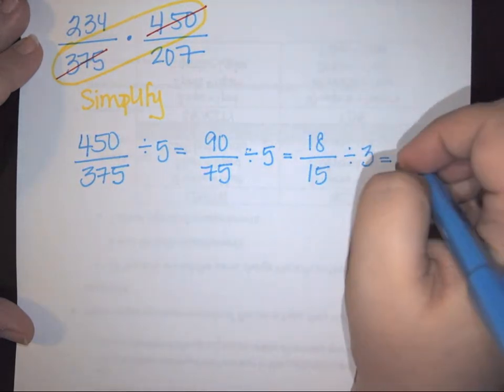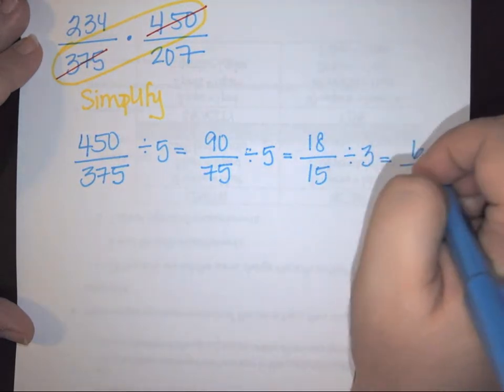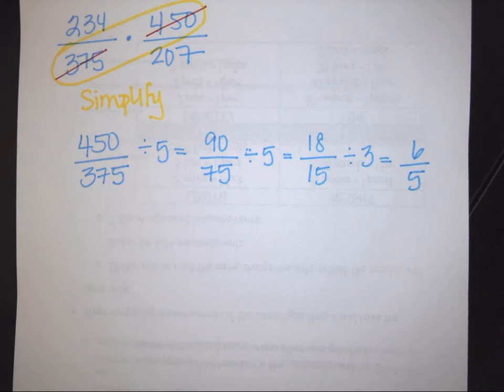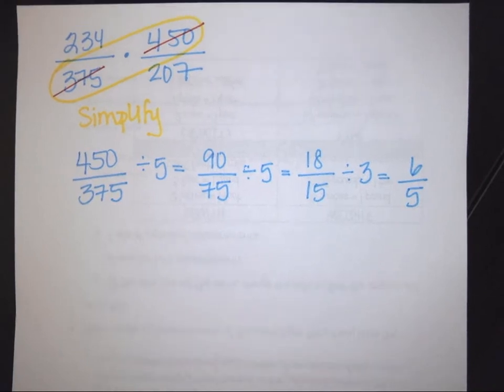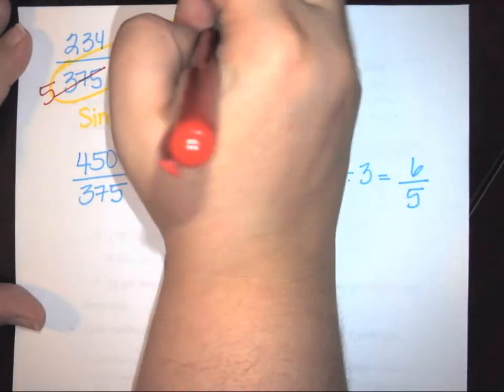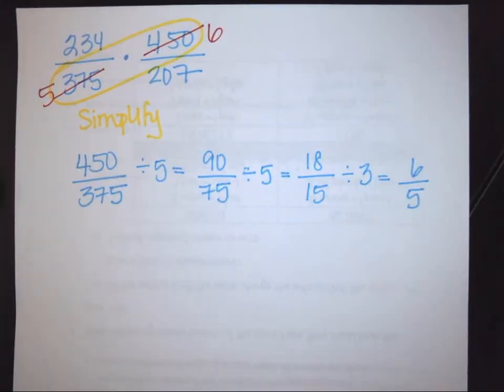If I do that, I'm left with 6 on the top and a 5 on the bottom. So 450 over 375 simplifies all the way down to 6 over 5.